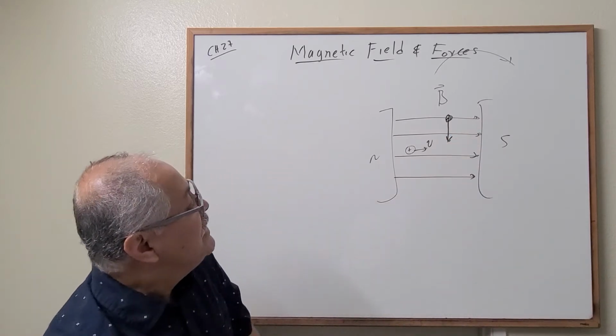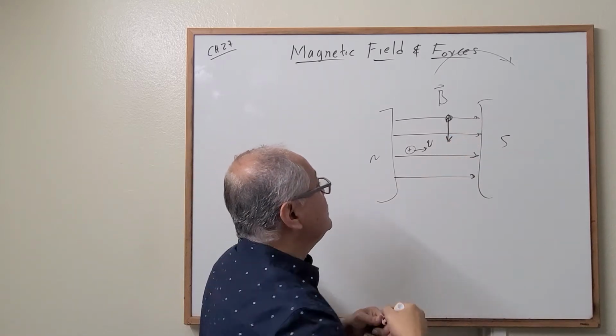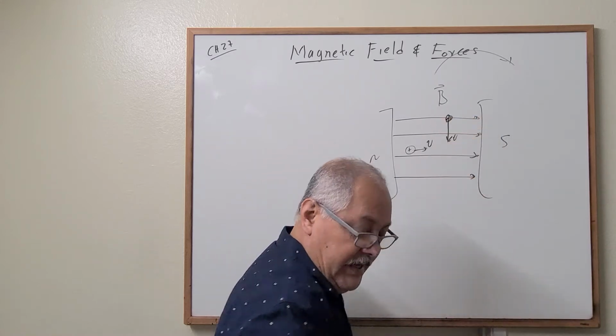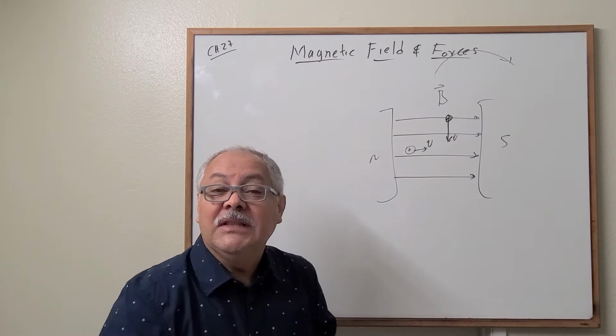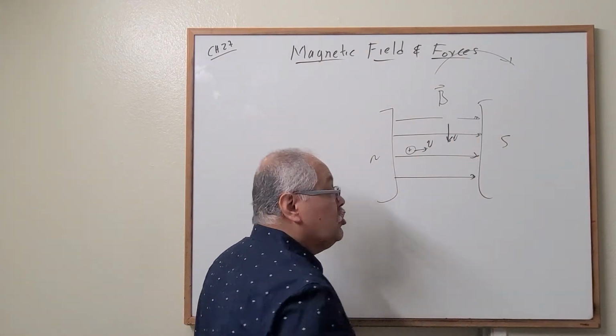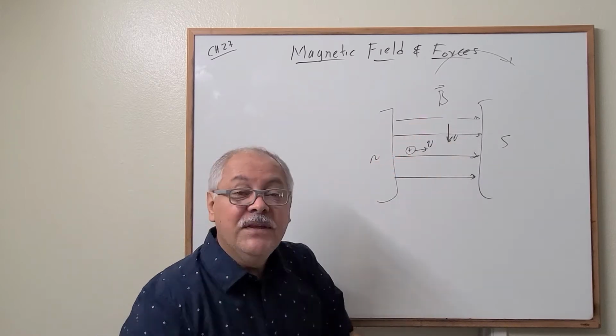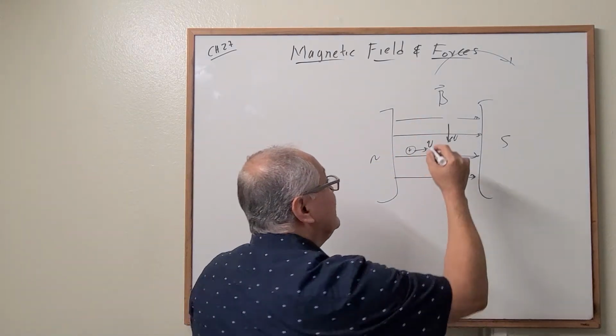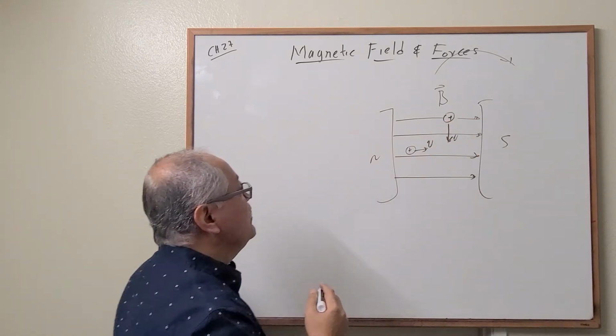In that case, I found that this charge experiences a force. That force is perpendicular to the magnetic field, and it is also perpendicular to the velocity. Got it?